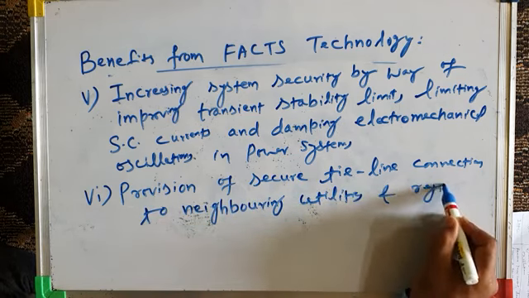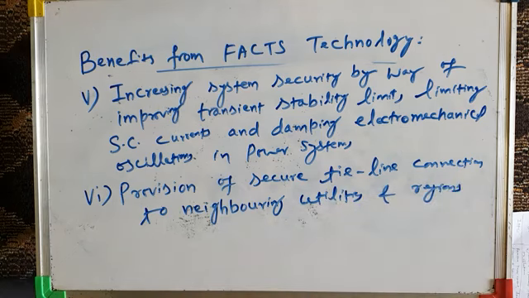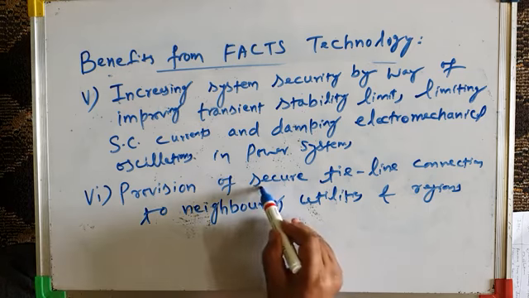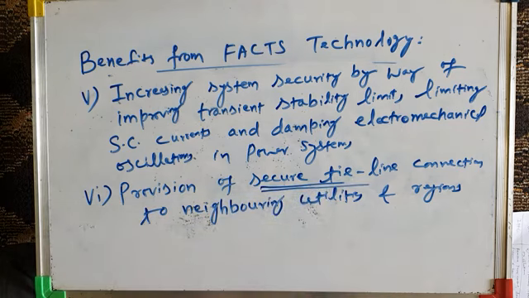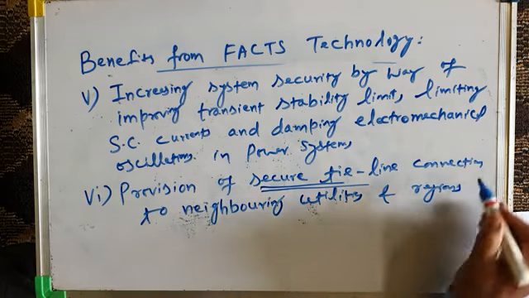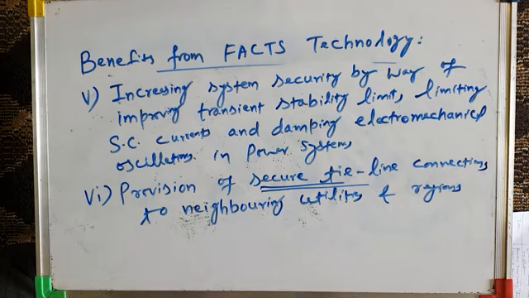I mean, you can connect two different regions together, you can connect the utilities together, and when you are interconnecting them, you are ensuring the security of the interconnected systems. So FACTS technology will provide secure tie line connections to neighboring utilities and neighboring regions.